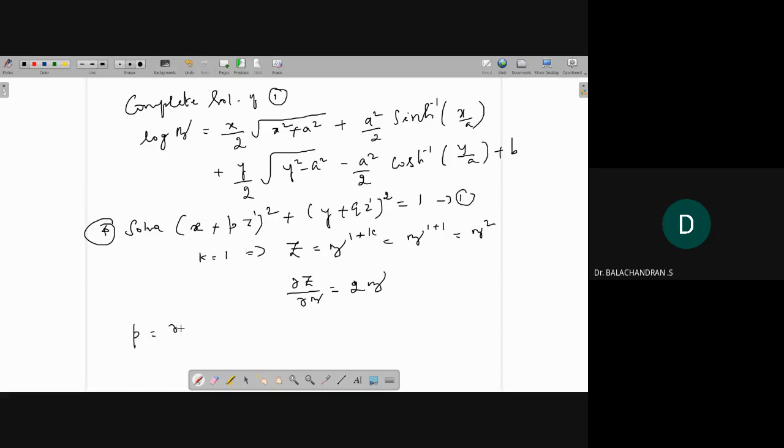So p equal to dou small z by dou x, which is equal to dou small z by dou capital Z into dou capital Z by dou small x. This is the reciprocal of 2z, that is 1 by 2 small z, times capital P. So cross multiply, we get z into small p equal to capital P divided by 2.